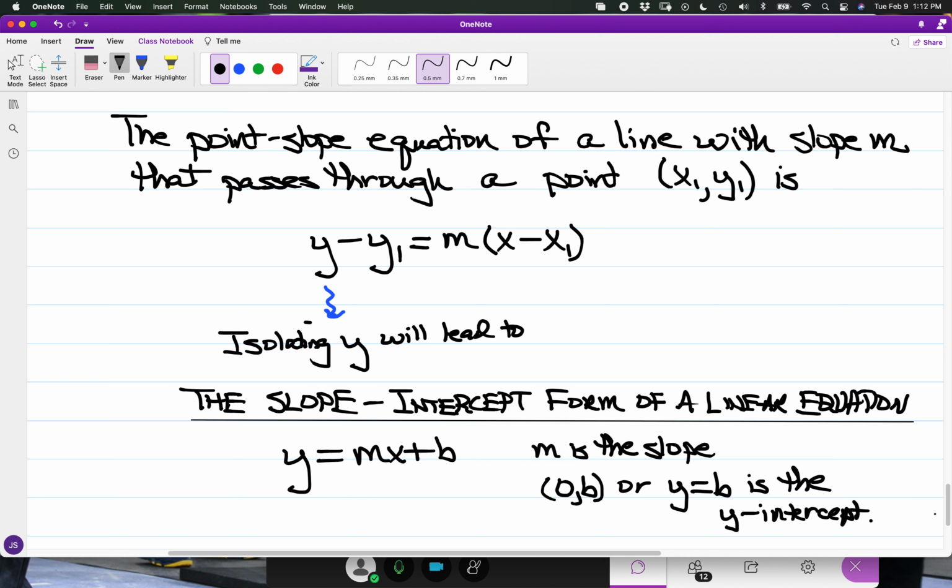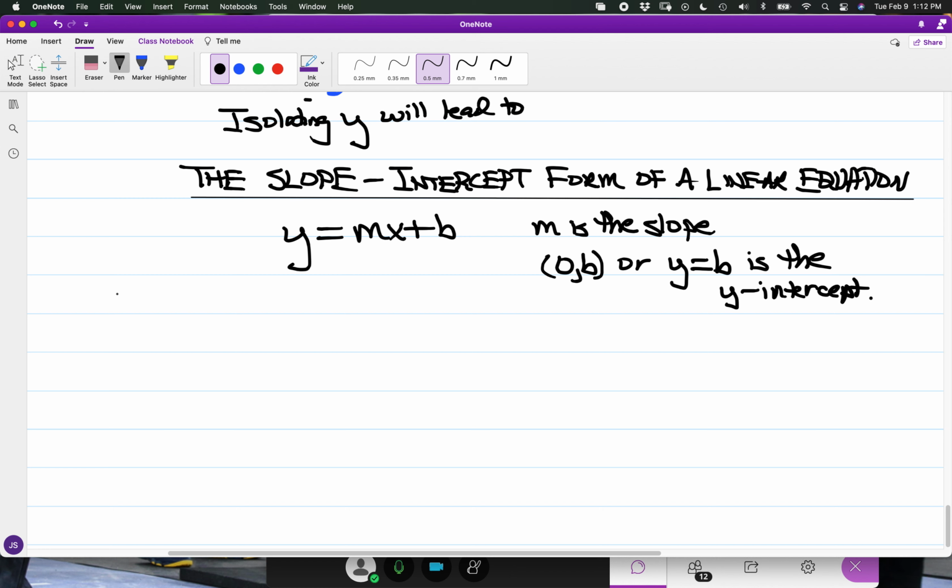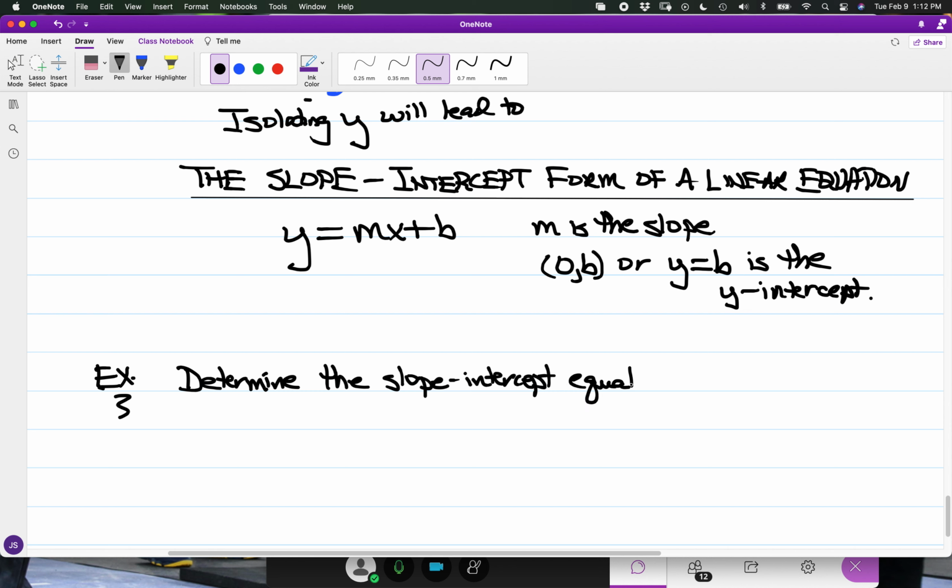Okay, now let's say that if we have just some cases here, just to tie together the point-slope and the slope-intercept equations.